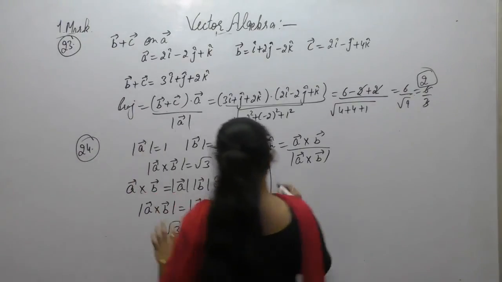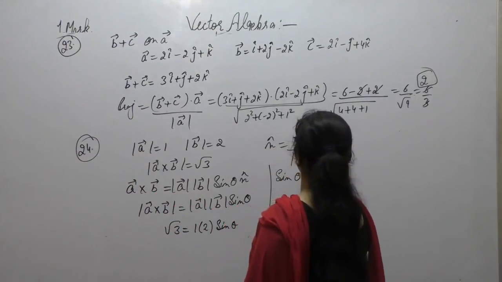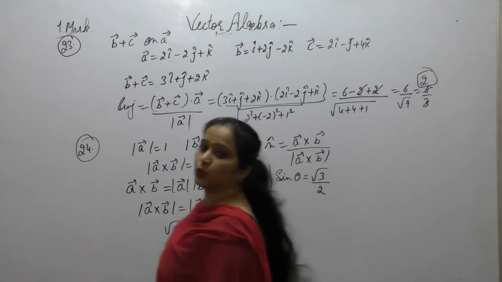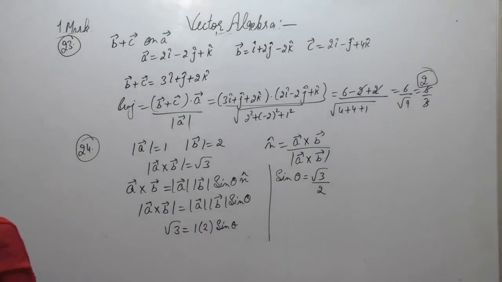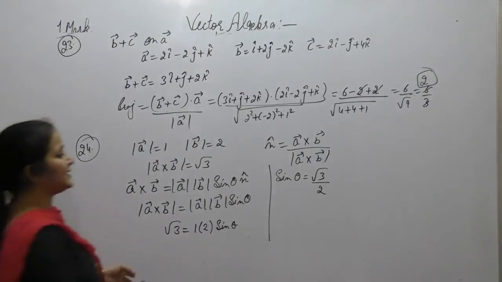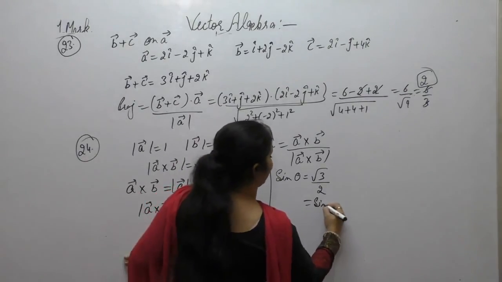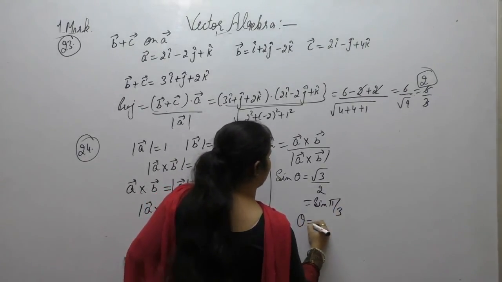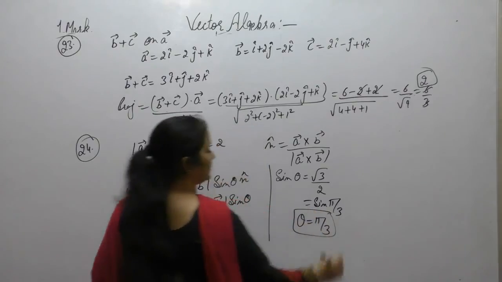So sin theta is square root of 3 by 2. Square root of 3 by 2 is the value of sin 60 degree, so sin pi by 3. So theta is pi by 3.